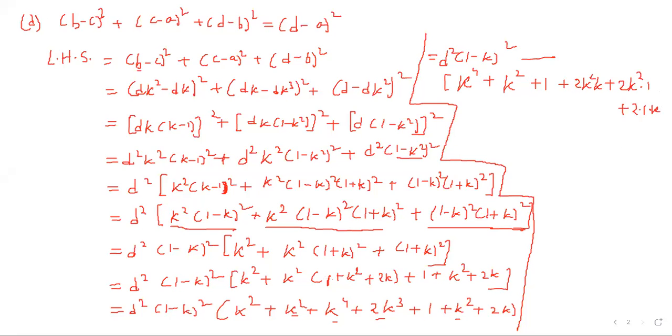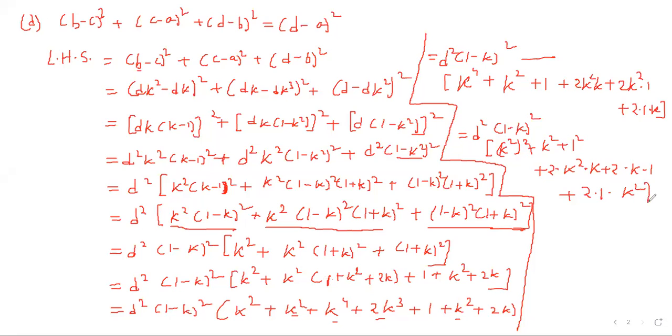Only k is there. So now we can write d square into (1 minus k) whole square into, we can write this k to the power 4 as (k square) whole square plus k square plus 1 square, that is a square plus b square plus c square plus 2ab plus 2bc plus 2ca.